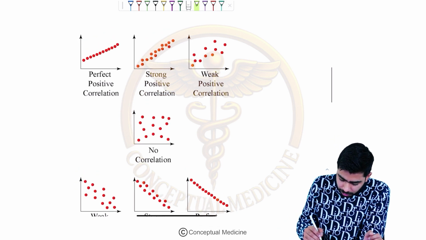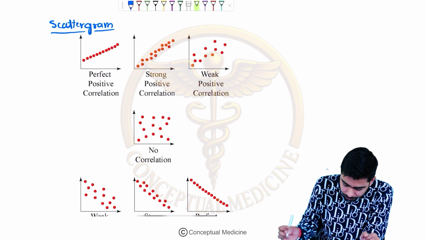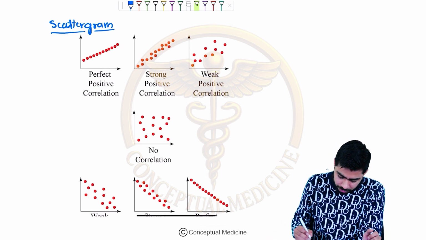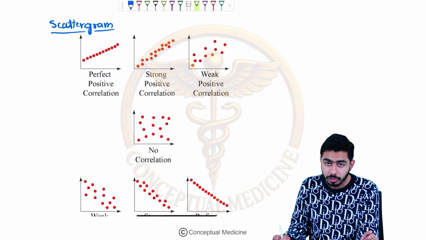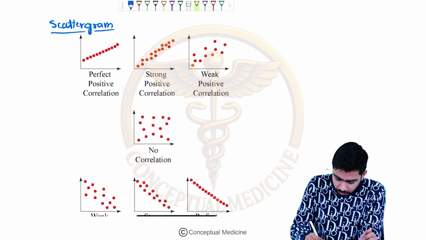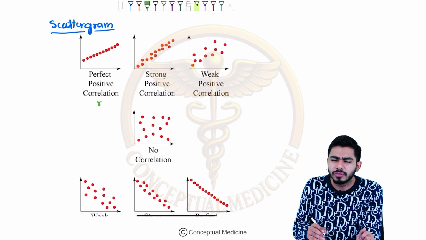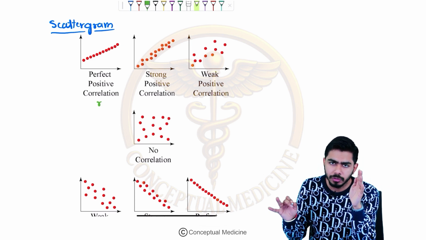First of all, these are all scatter plots or scattergrams. Look at the first one, we are calling it perfect positive correlation. Correlation here means the correlation coefficient, which we symbolize with small r, between -1 and +1.